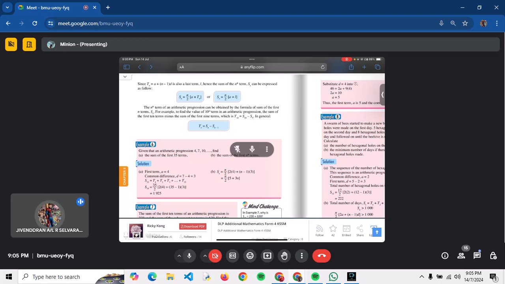So you insert the info: Sn equals n over 2, in bracket 2 times 4 plus n minus 1 times 3 close bracket. You can expand the bracket and just leave the n over 2 outside the big bracket, no need to expand it.